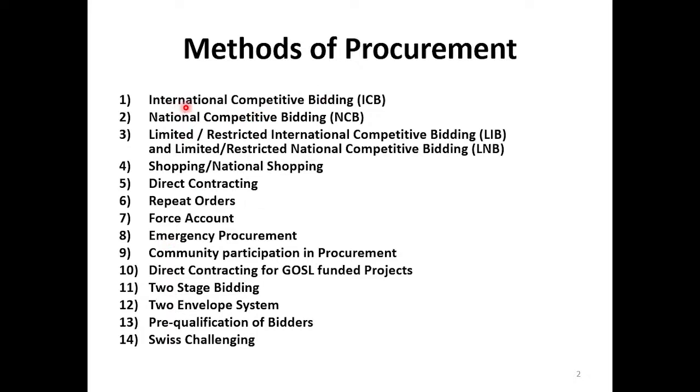It is international competitive bidding, so across the border, where the local and international bidders will participate in the procurement process. It means the bidders, the suppliers, can be local or international suppliers or contractors.